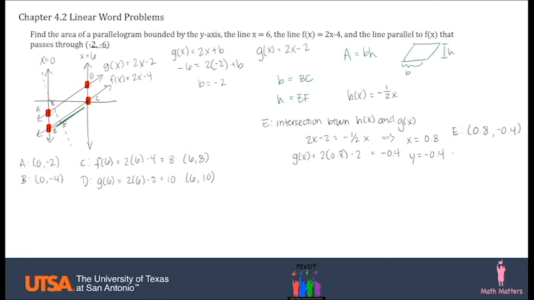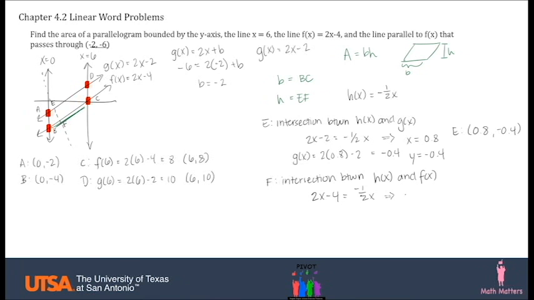And then similarly, we're going to define F as the intersection, this time between h of x, our perpendicular, and f of x, which was our original 2x minus 4. So again, if we set them equal to each other, 2x minus 4 equals negative 1/2 x.